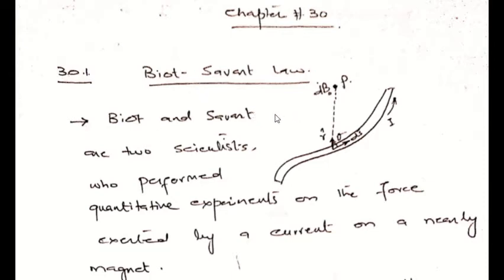Some of the main points of the Biot-Savart Law: these are the two scientists who worked on this current-carrying conductor and conducted different experiments, and then they formalized a formula in which they said that the changing magnetic field depends upon current and the length element as well as the radial direction.